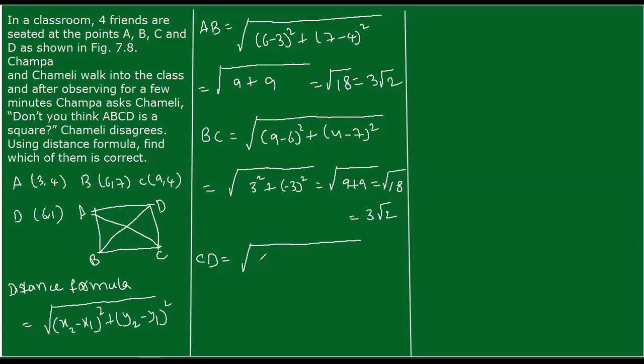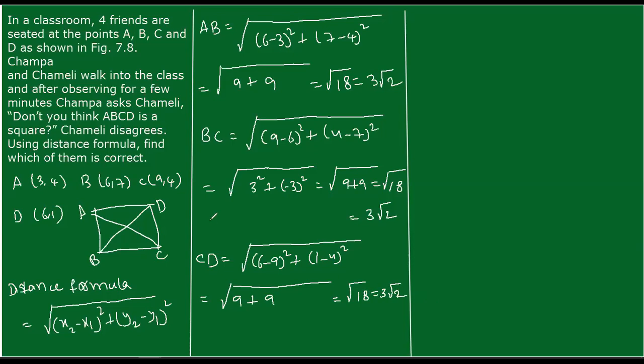So here, 6 minus 9 whole square and 1 minus 4 whole square, under root. 6 minus 9 is obviously minus 3, square means 9. 1 minus 4 is minus 3, square also is 9. Again 9 plus 9 is 18, under root 18. So I can write 3 root 2.